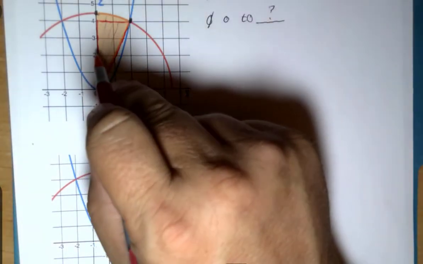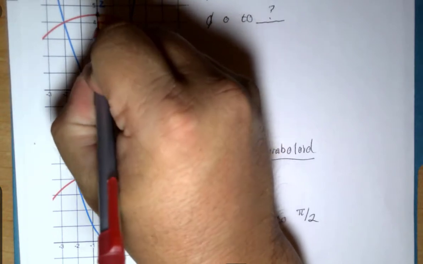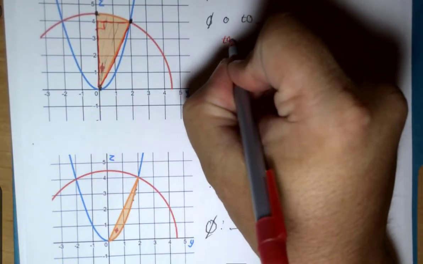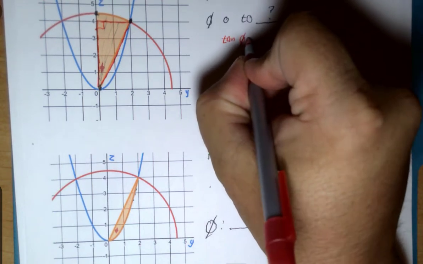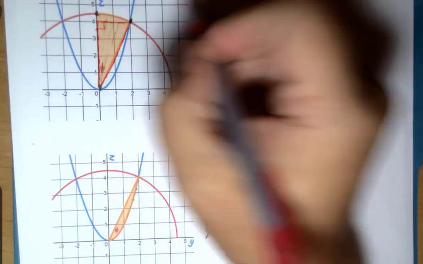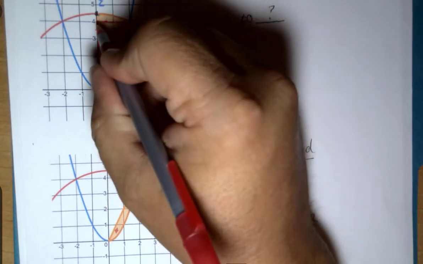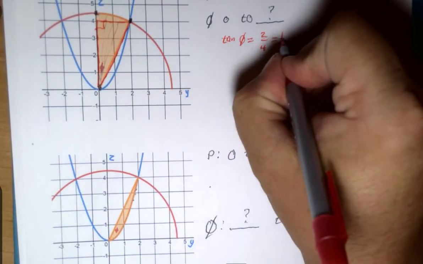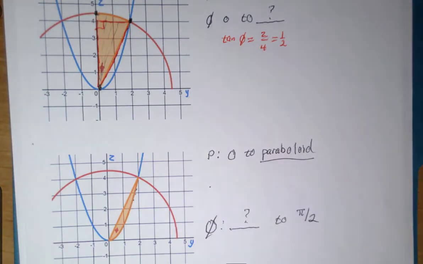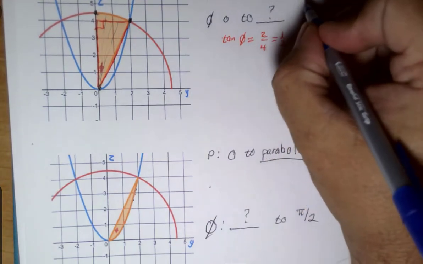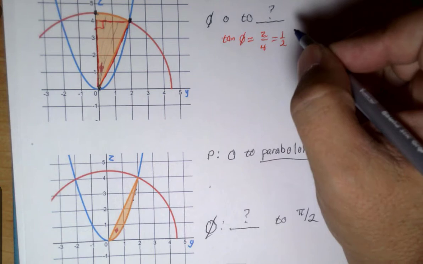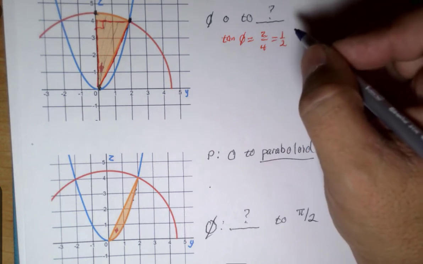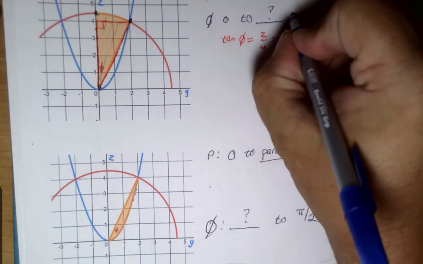So I can look at this right triangle and say that the tangent of phi is equal to the opposite, which is 2, over the adjacent leg, which is 4, which is 1/2, and that for us means that this mystery angle is either the inverse tangent or the arc tangent of 1/2.